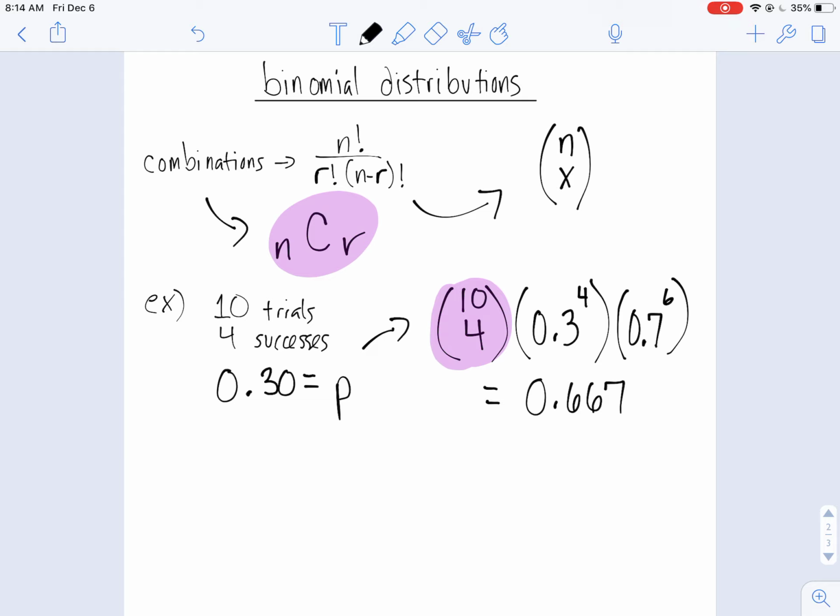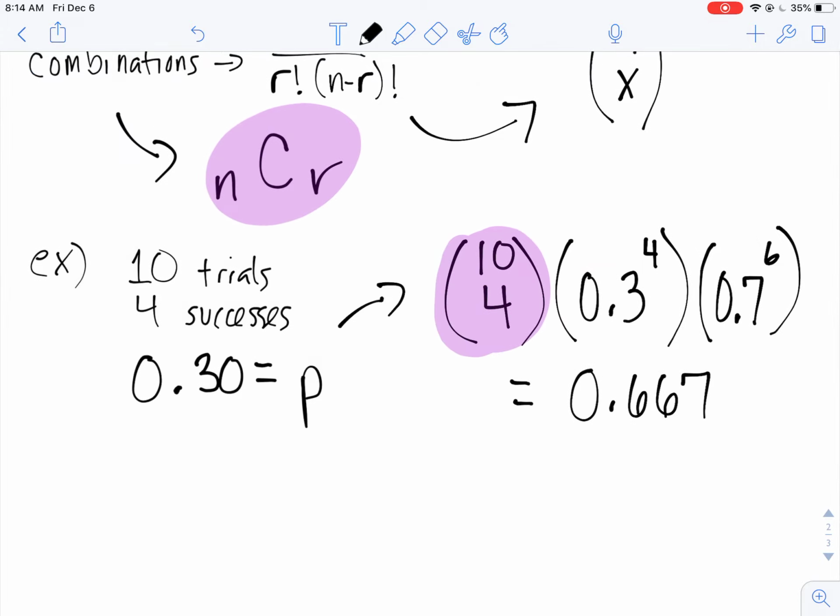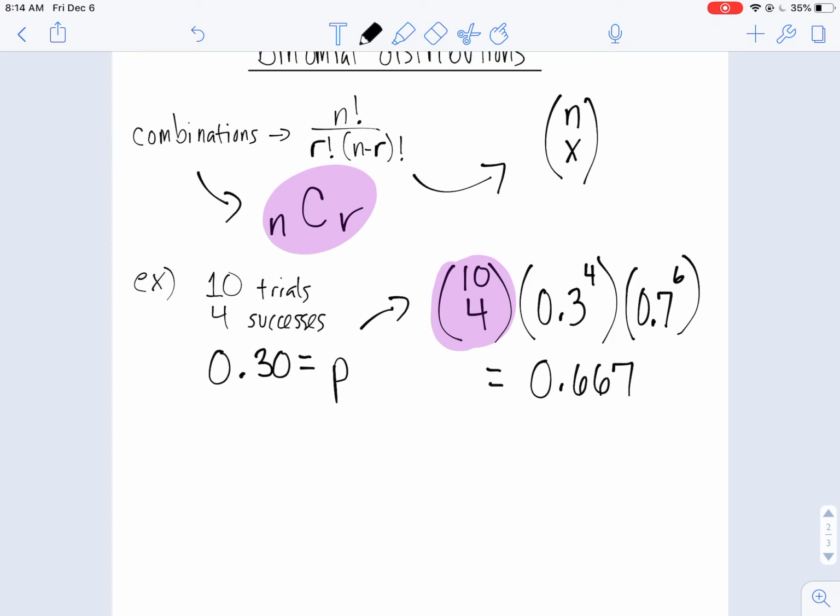So I entered in my combination function right here, NCR 10, 4, and notice that's not a fraction. Don't make it a fraction. 30% chance of success, 4 successes, 70% chance of failure, 6 failures. Calculate the probability. So the probability of seeing any combination of 4 successes is going to be about 66.7%. We're all pretty good with that.